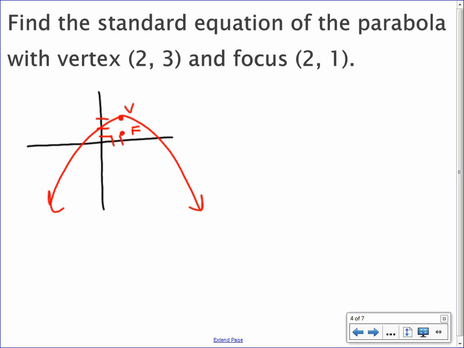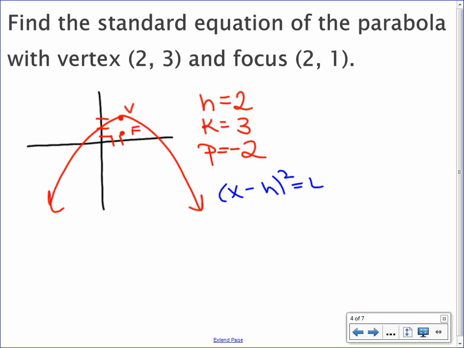Okay. So if our vertex is at (2, 3), what is h? What is k? How far away is our focus from the vertex? 2, but since it is opening down, it needs to be a negative 2. Right? Okay? So since it's opening vertically, we have (x - h)^2 equals 4p times (y - k).